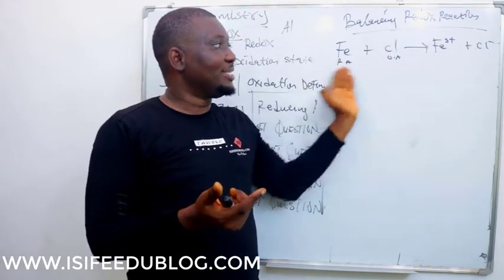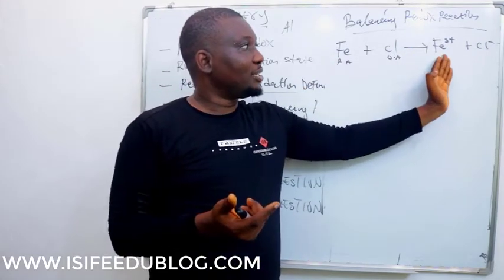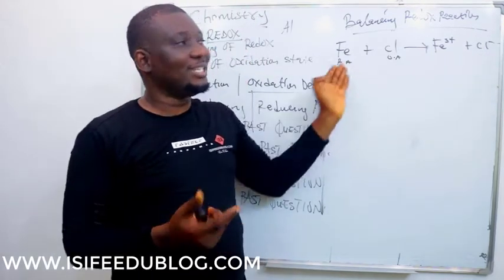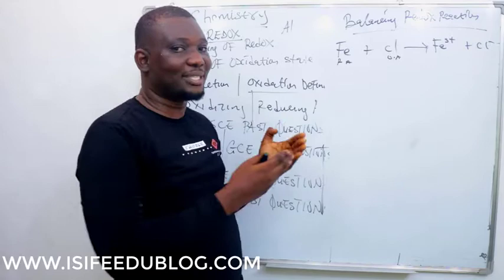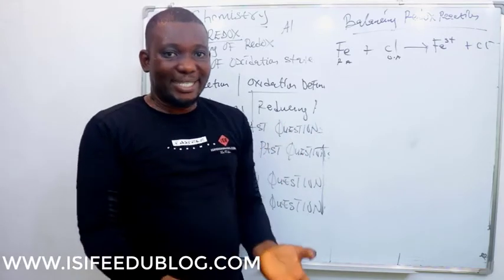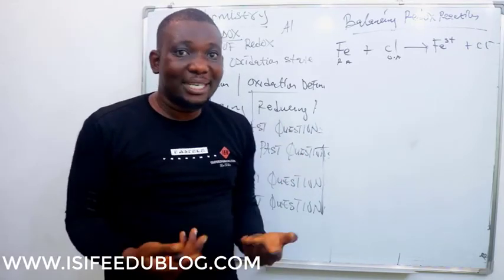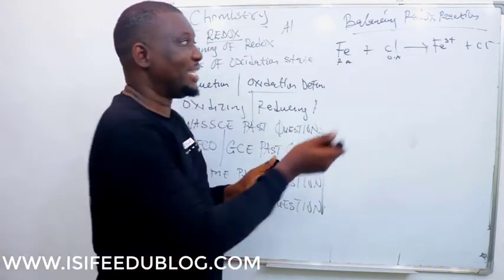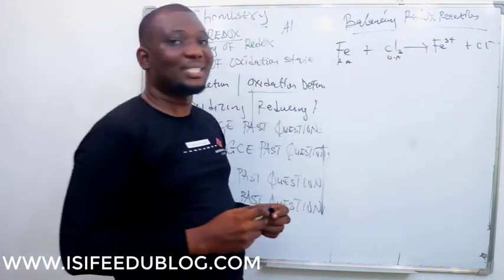There are no charges here, but there is a sum of minus 1 here, so we have minus 2 charges here where this side is 0. So that means this equation is somehow faulty. It is not balanced. It's also not balanced because chlorine can never be written in this form. It must exist as the molecule Cl2.